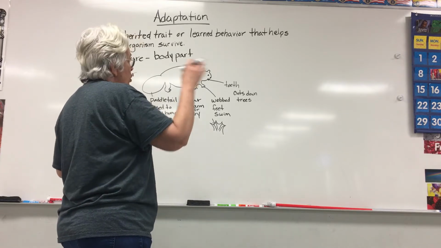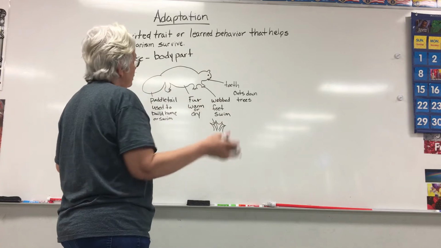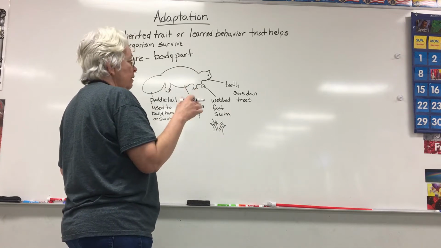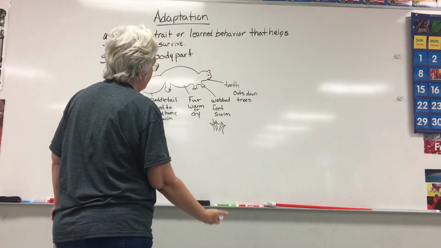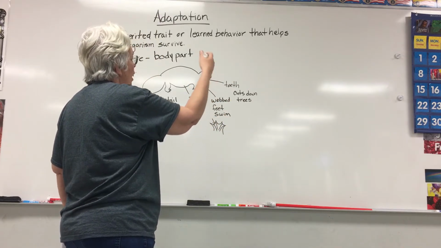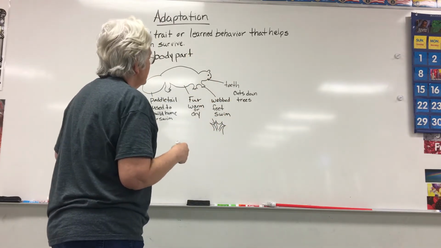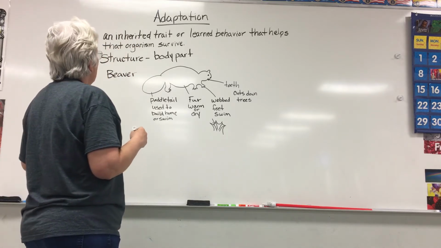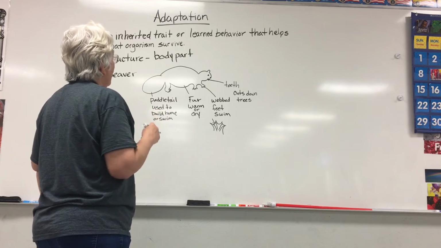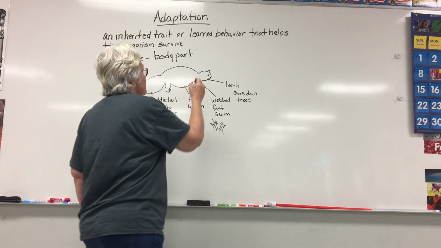He lives in a little dome kind of shaped little hut. He doesn't get to it from the top. They swim underneath it, and they come up through a little hole, and that keeps them nice and safe and dry and warm.